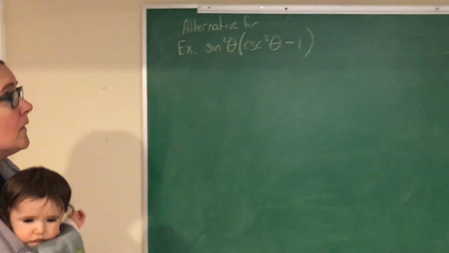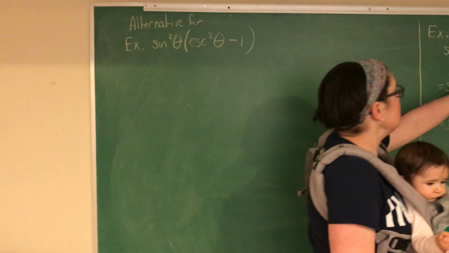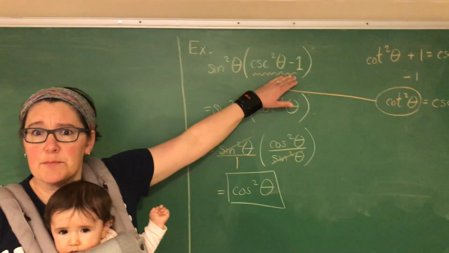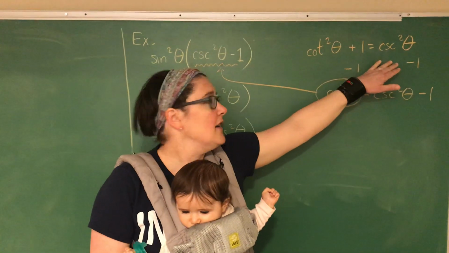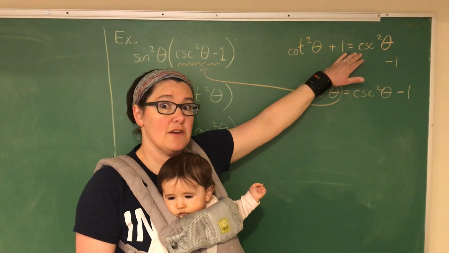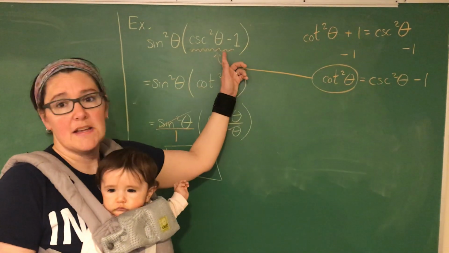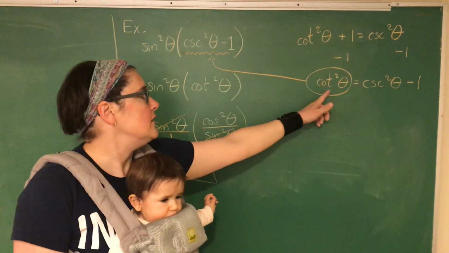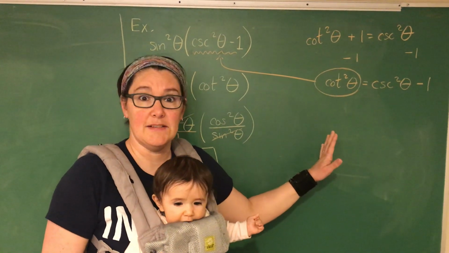I felt all cool at the beginning because I said, oh, look, inside this parentheses kind of reminds me of this Pythagorean identity. Once I write down this identity, I can manipulate it to make it look like what's inside the parentheses and then do a substitution. I was like, oh, look, I can use my Pythagorean identity.